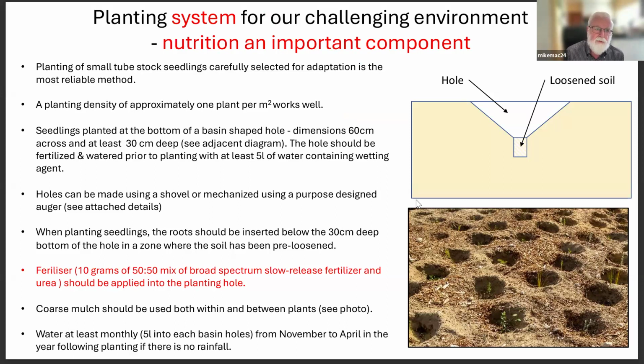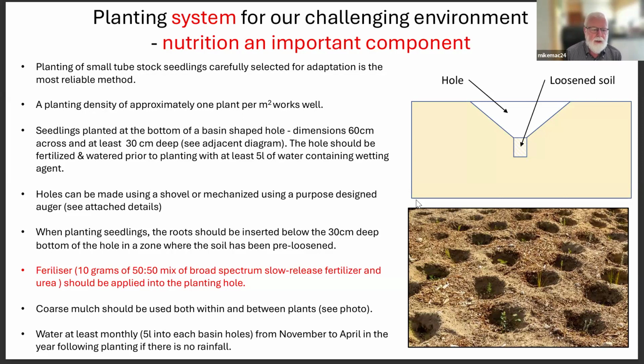So we plant with tube stock, usually acquired from the Apace nursery in North Fremantle, and we typically plant at a density of about 1 plant per square metre. And we've developed a system of planting at the bottom of a basin-shaped hole. There's a schematic diagram there of how it looks, but it's about a 60 centimetre across hole that goes down 25 or 30 centimetres, and it's got a loosened bit in the bottom where we actually plant.